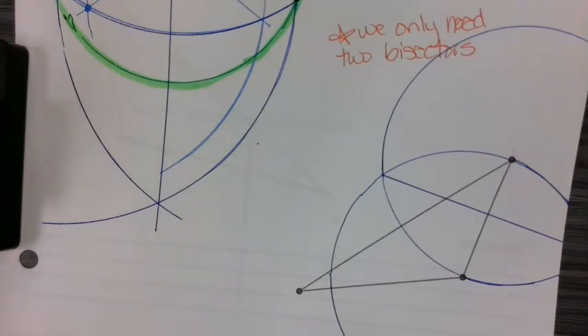Okay, can I do the other bisector now? Okay. So I'm going to do the side closest to me.